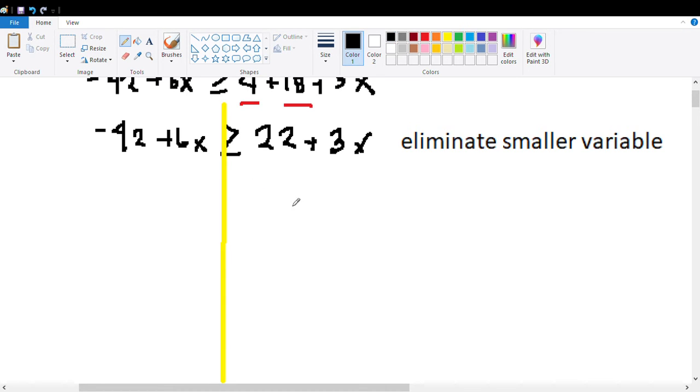Now let's do some eliminating. Eliminate 3x. How do we eliminate 3x? We subtract 3x on the right side, and since this is like a mirror, we also have to subtract 3x on the left side.